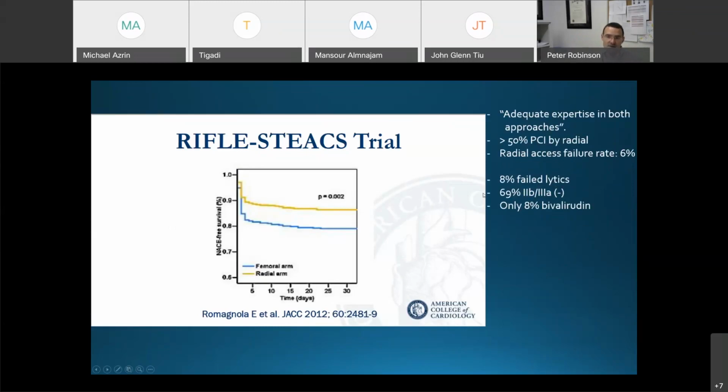It's a different era. Two-thirds of them were using 2B3A inhibitors, and only 8% bivalirudin. So there were a lot of bleeding episodes, even significant bleeding episodes. This is not how we treat patients in 2020, or really even in 2015. The major bleeding was pretty high, actually, in the femoral arm.